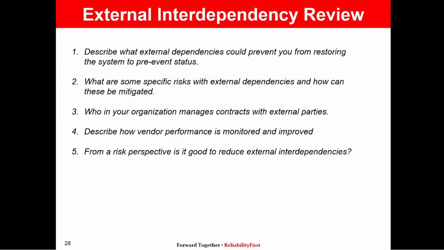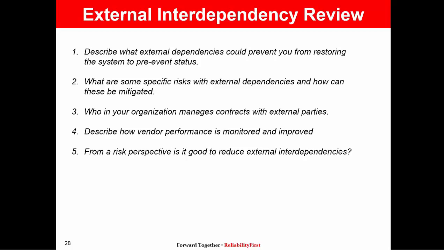As mentioned previously, this may be a lack of fuel for your black start, or you could not have enough tree trimmers to clear the lines, or you could not have enough linemen, the manpower, to restore the lines.